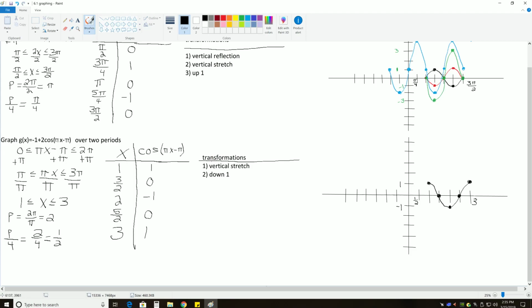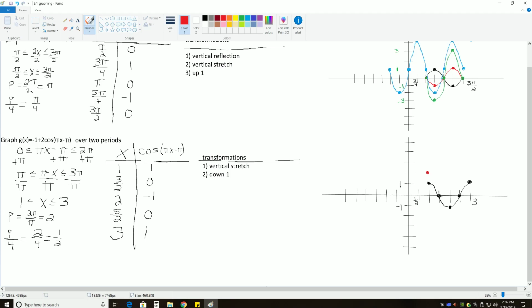Now we can take care of our transformations, which gives us first our vertical stretch, and our vertical stretch is by a factor of 2, which means all of our y values are going to be multiplied by 2. So for instance, this point has a y value of 1, which means it's now going to have a y value of 2. This point has a y value of 0.